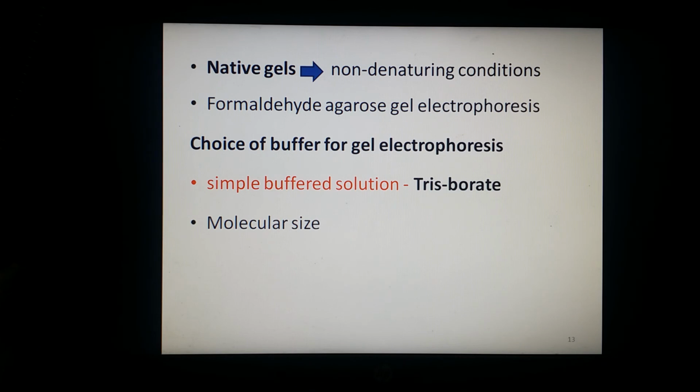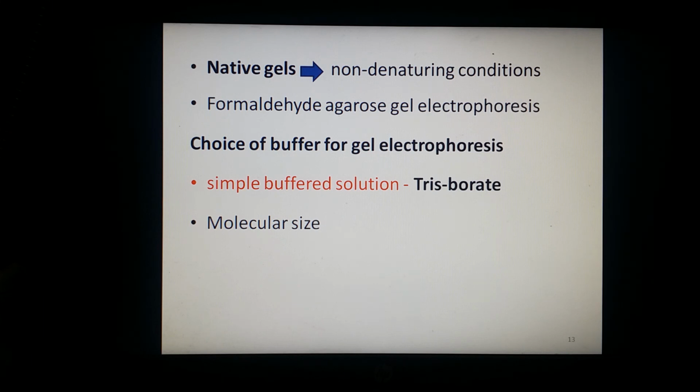The next type of gel is the native gel. Basically we are studying the different types of gels. We have discussed denaturing gels, which denature, while native gels use non-denaturing conditions, so that the analyte's natural structure is maintained.